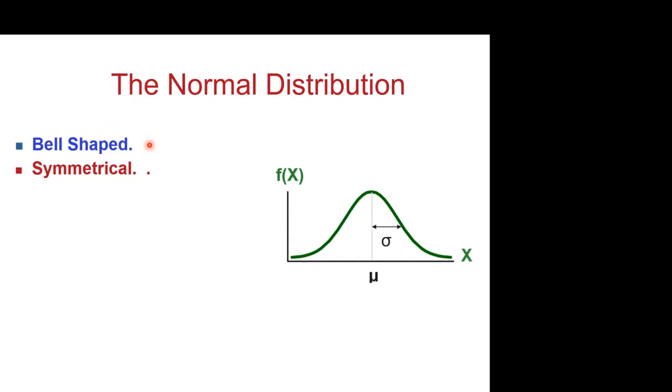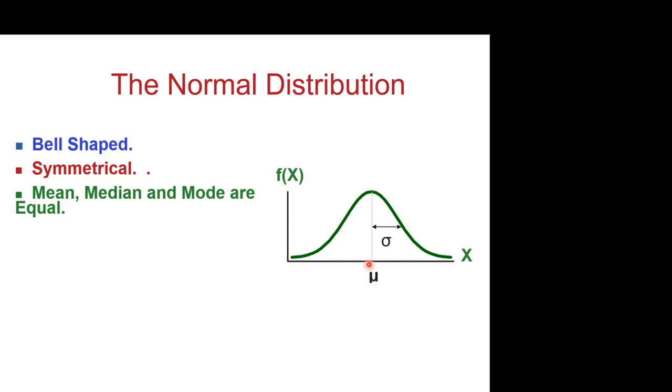Now coming back again to the normal distribution, we know that the shape is bell shaped and it is symmetrical, such that if you were to divide this normal shape into two, you get an equal size and shape.